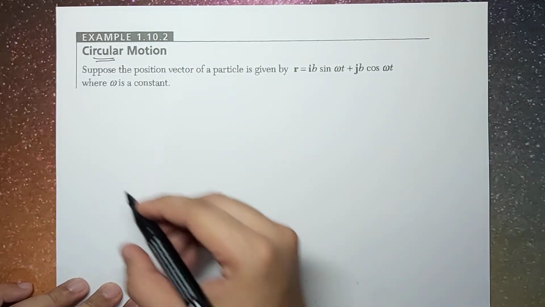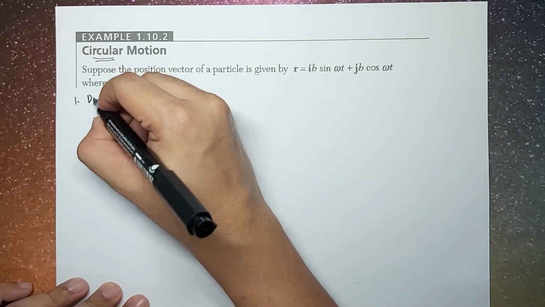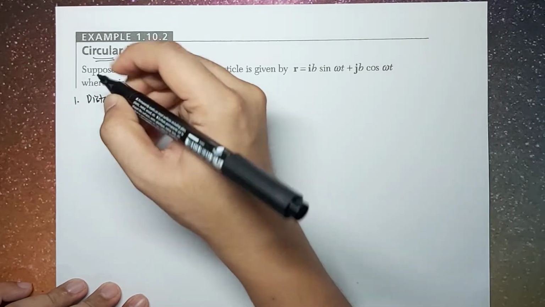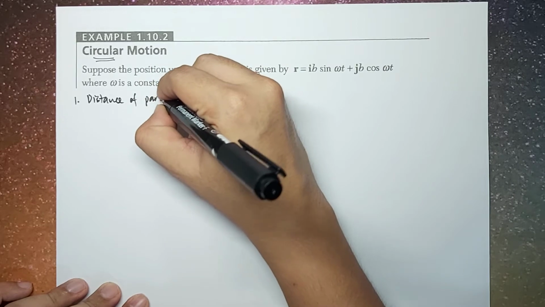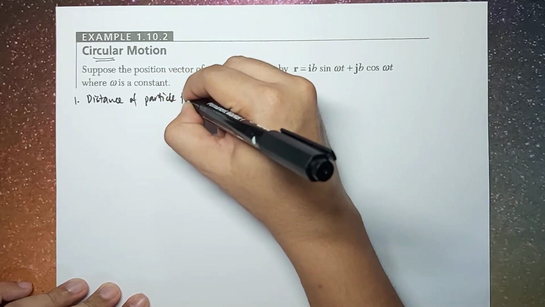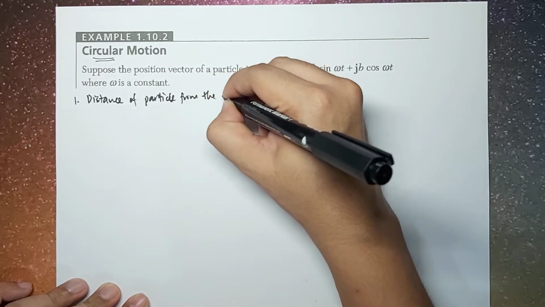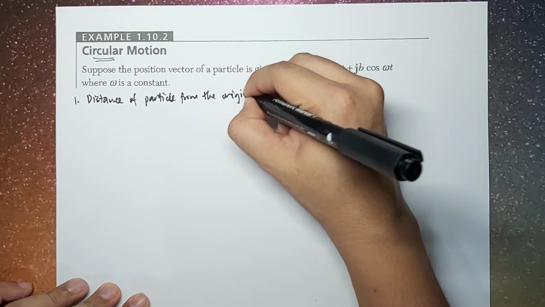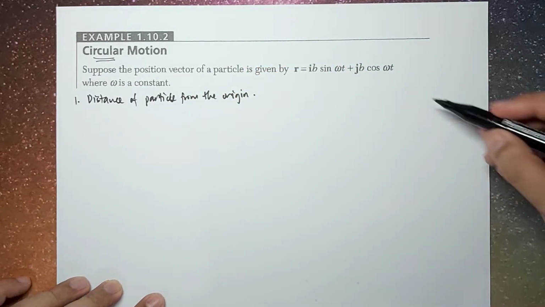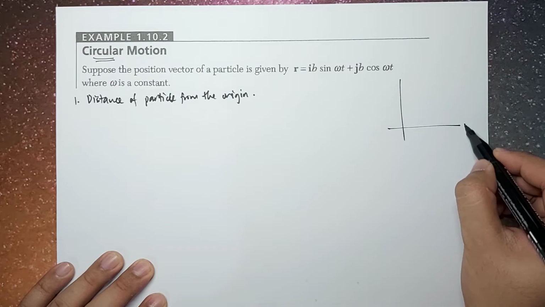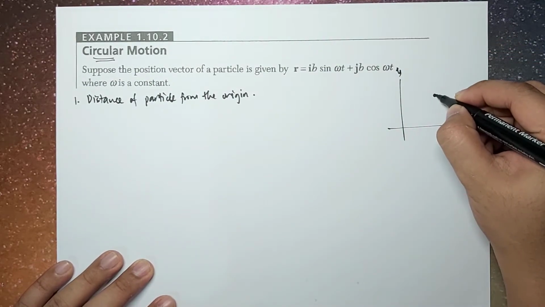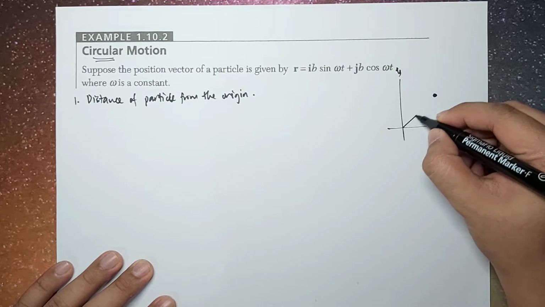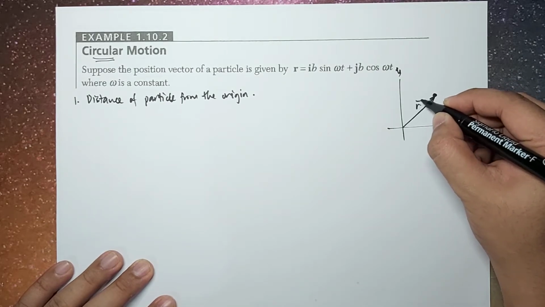Now, let's check by calculating the distance of the particle from the origin. For example, if this is your x and y coordinate system, and the particle is here, this will be the position.